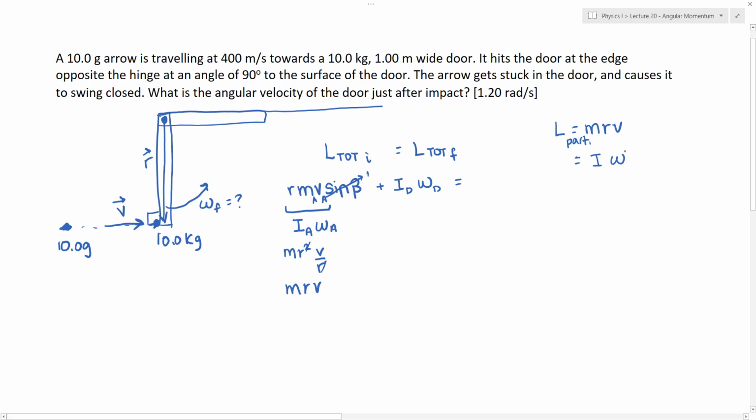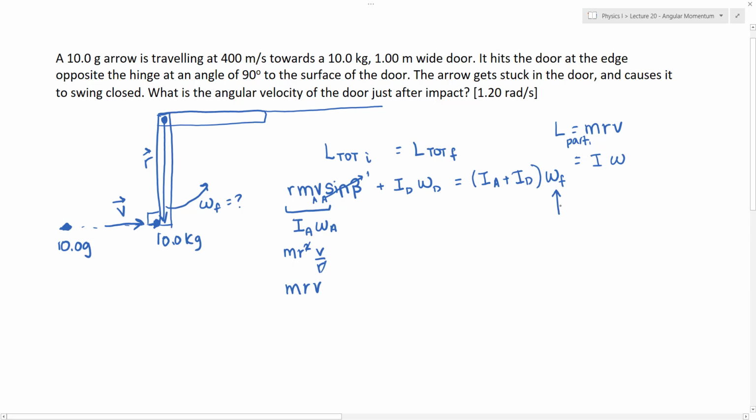It's the same. So on the right side, we can say is equal to the total angular momentum. So the total angular momentum would be the I of the arrow plus the I of the door times omega final. And this is what we're looking for, this omega final.